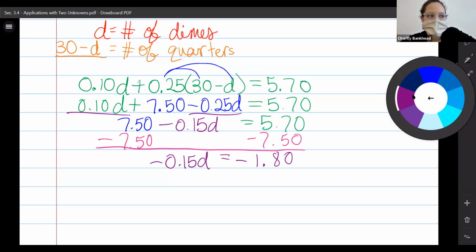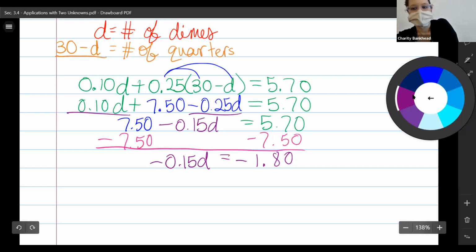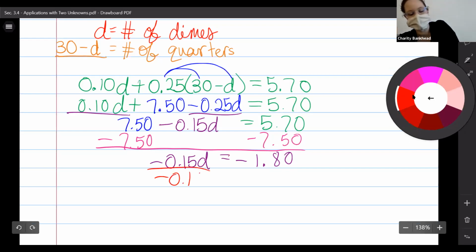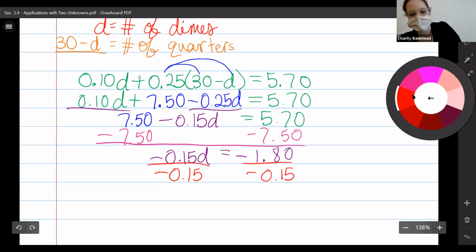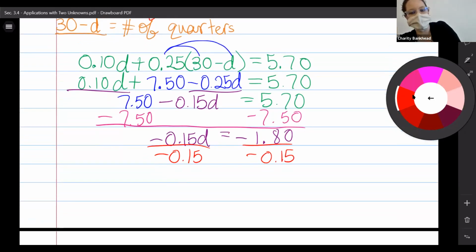Okay. And then I would divide by negative 0.15. It's going to be positive.